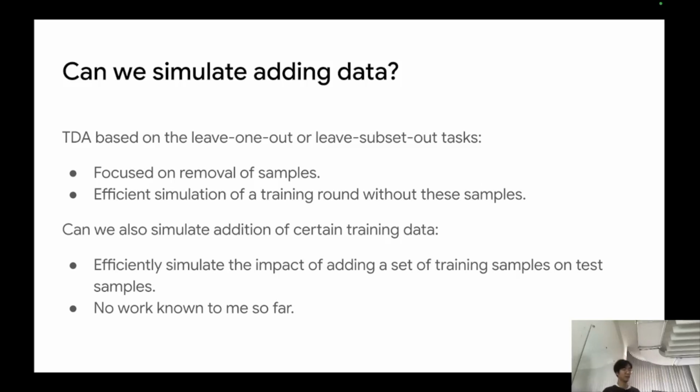That's probably going to tell me how much increase or decrease in loss value for this test sample they will bring into the model. So maybe we can do some kind of extension of what's already done in training data attribution for addition instead of removal. I see no problem in just doing that and checking how well this approximates the addition of training data. And this is an open question. I haven't done it myself, nor did I see anyone doing that.